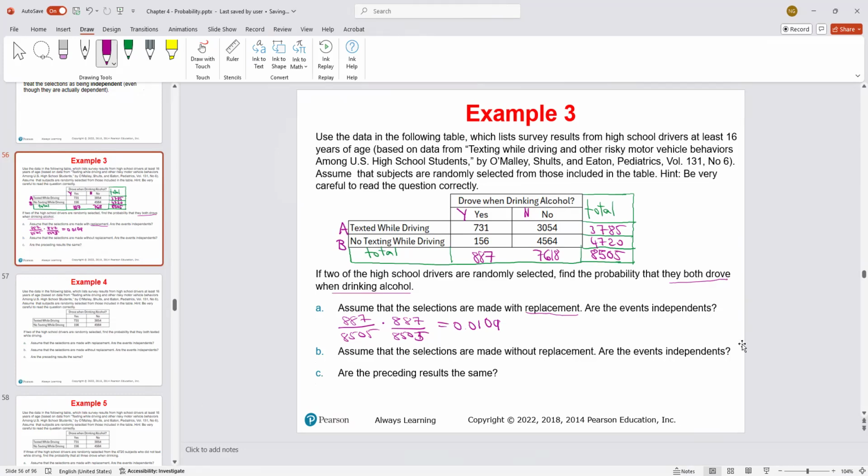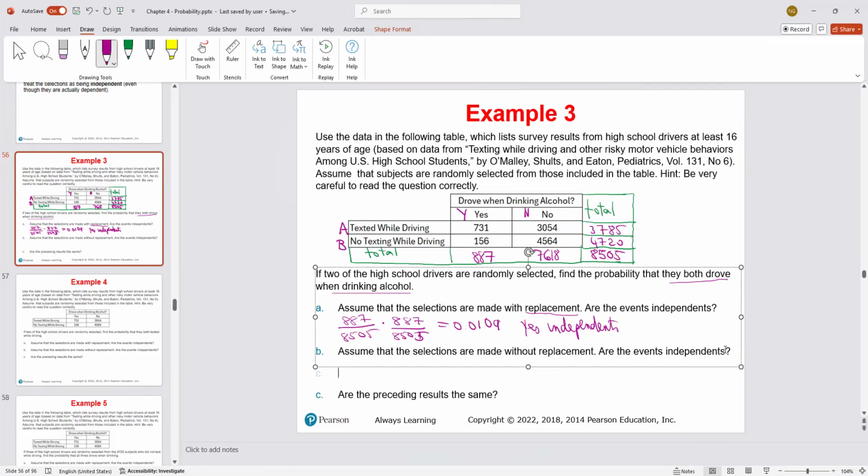But look at the second one. The second one, you do it without replacement. That means you take the first one who drove when drinking alcohol. Now the second one: because you remove one, you no longer have 8505, because you don't replace it.